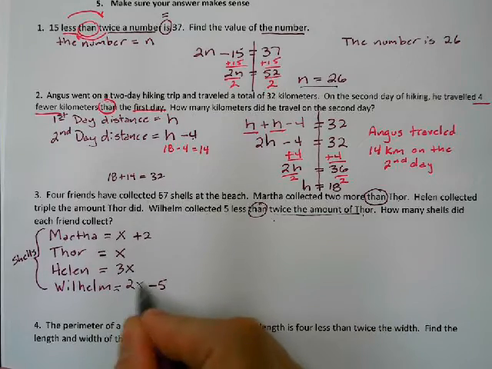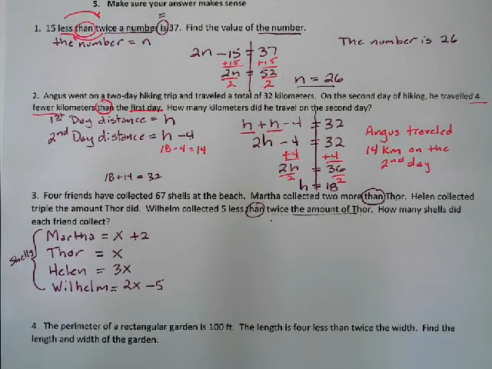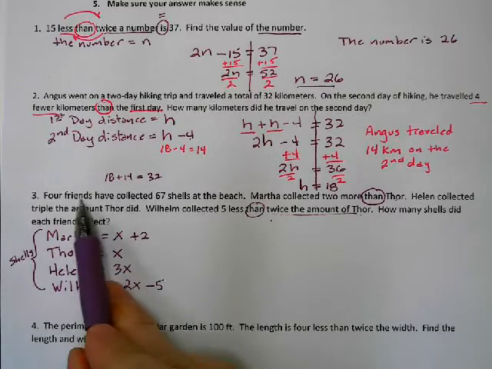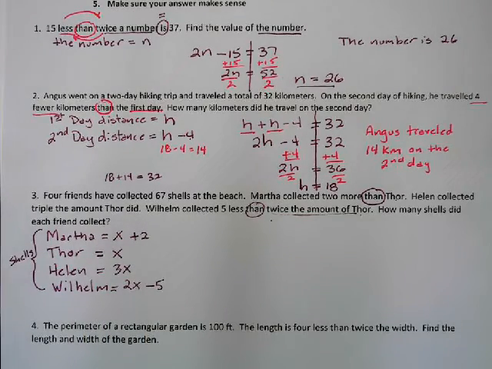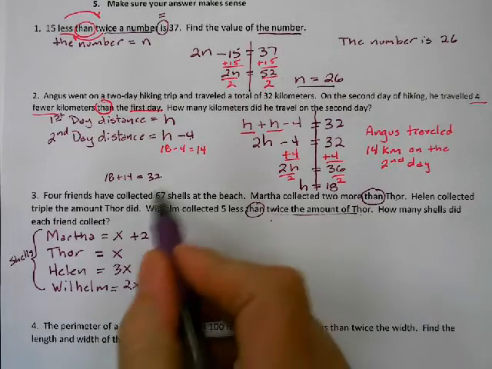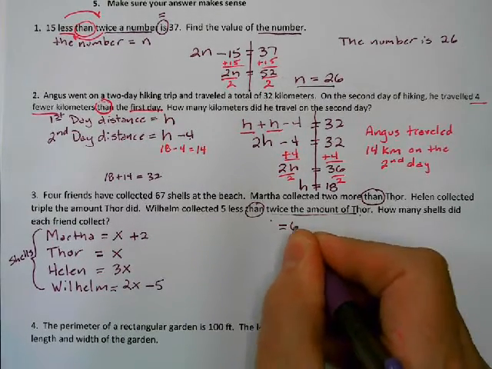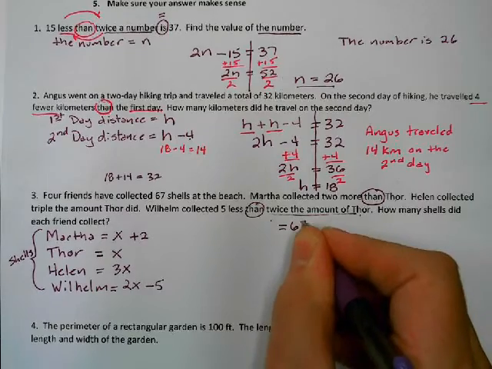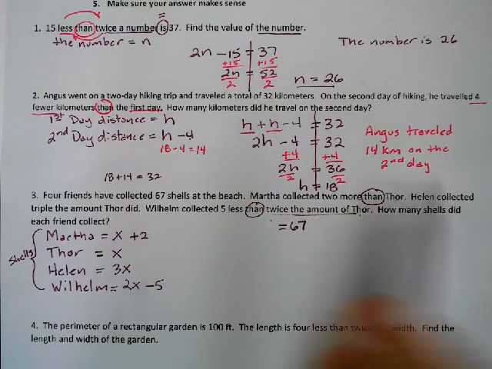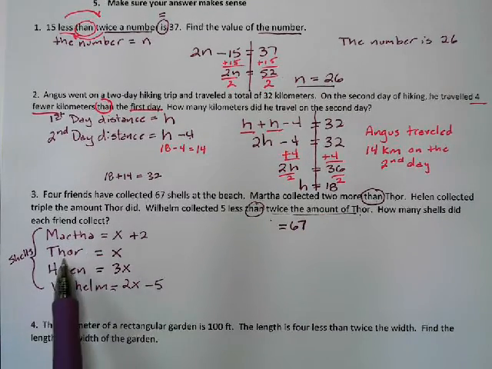All right, I've got the 4 friends. Here it says 4 friends have collected 67 shells. Have a lot of times can be the equal sign. So this is a total. So everything's going to be equal to 67. Now what would equal 67 shells? Well, it would be Martha's shells plus Thor's shells plus Helen's shells plus Wilhelm's shells.